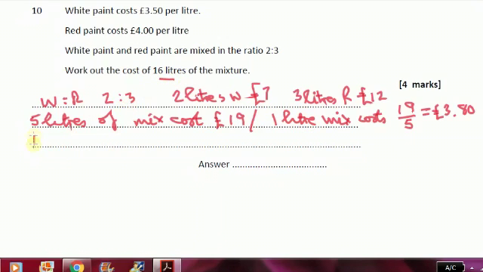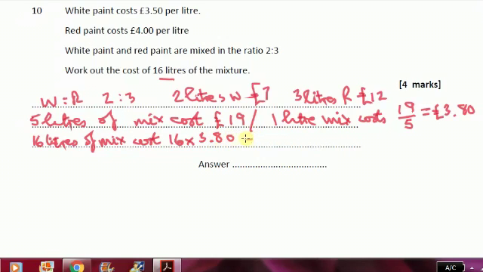Says work out the cost of 16 litres of the mixture. So 16 litres, they will cost just 16 times £3.80.